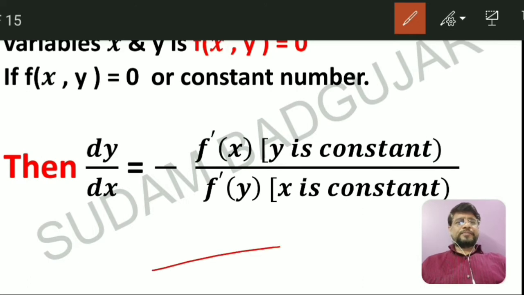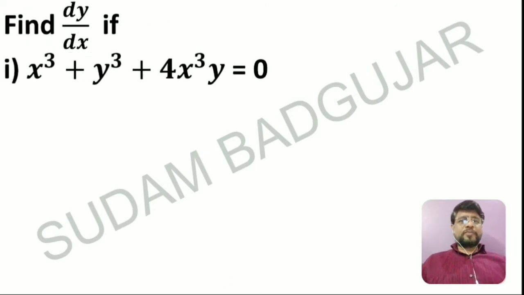Now let's take an example. Find dy/dx if x cube plus y cube plus 4x cube y is equal to 0. Here the LHS contains x and y and we cannot separate them, we cannot write y purely as a function of x.